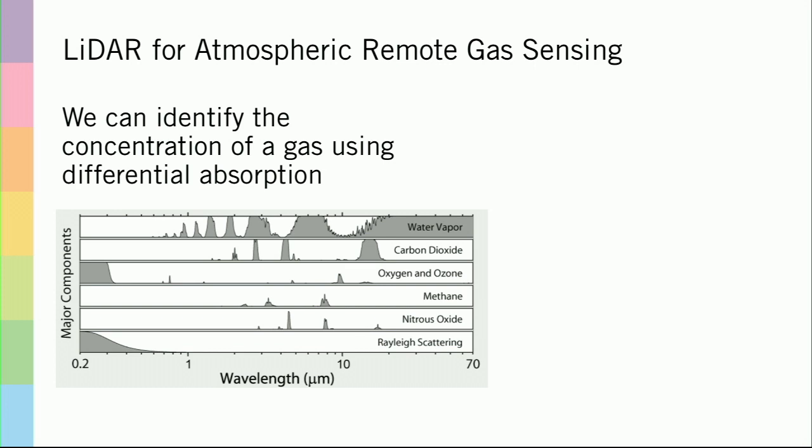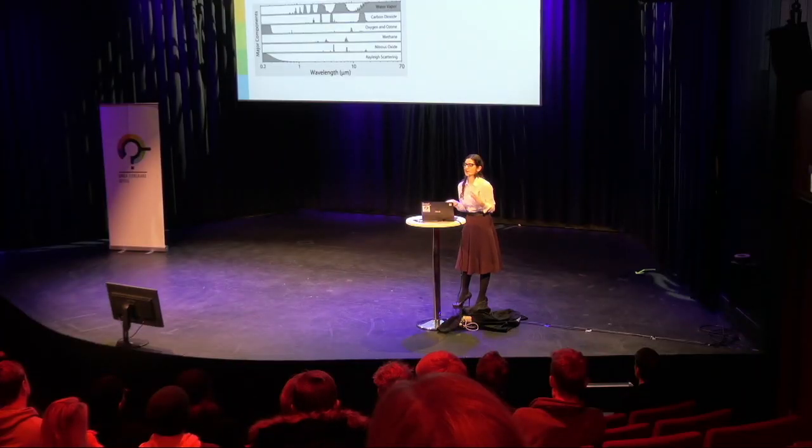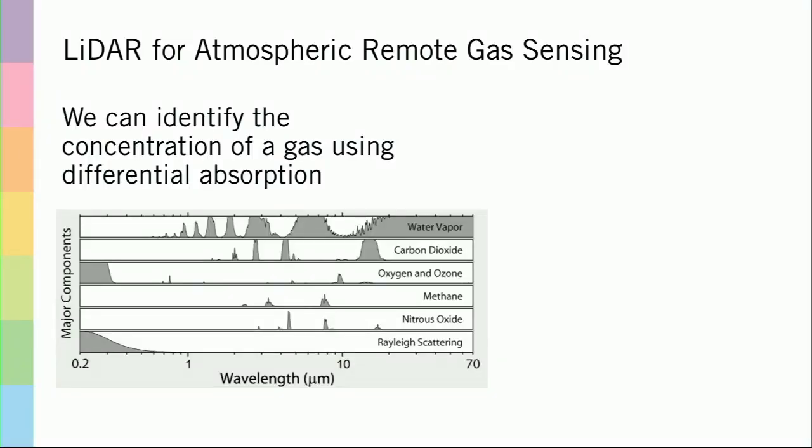So the project I worked on focused on developing a prototype LiDAR for atmospheric remote gas sensing. So how that works is that if you look at this figure, each gas has its own absorption spectrum, and it more strongly absorbs at certain wavelengths than others.